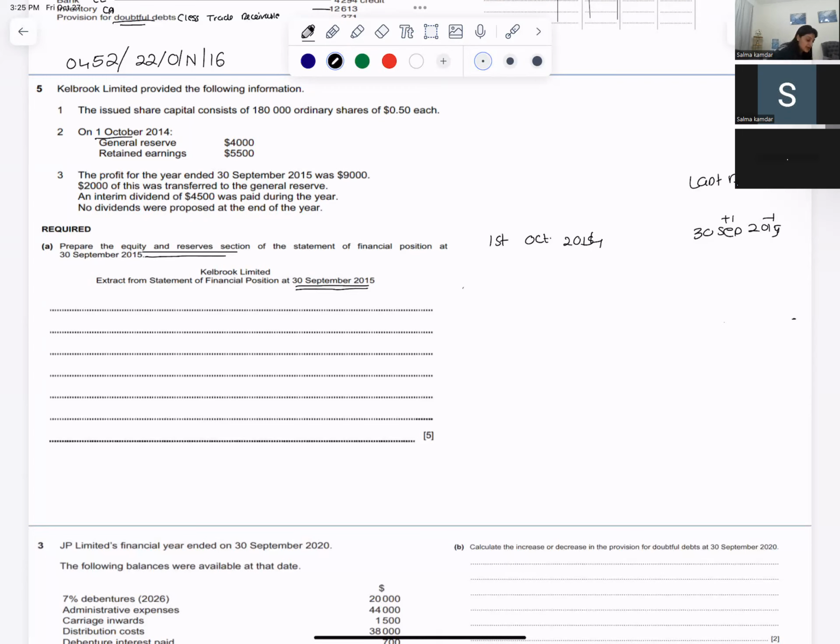They want an extract of the equity and reserves section. Are you with me? Yes. Okay, fine. So I will write equity and reserves.